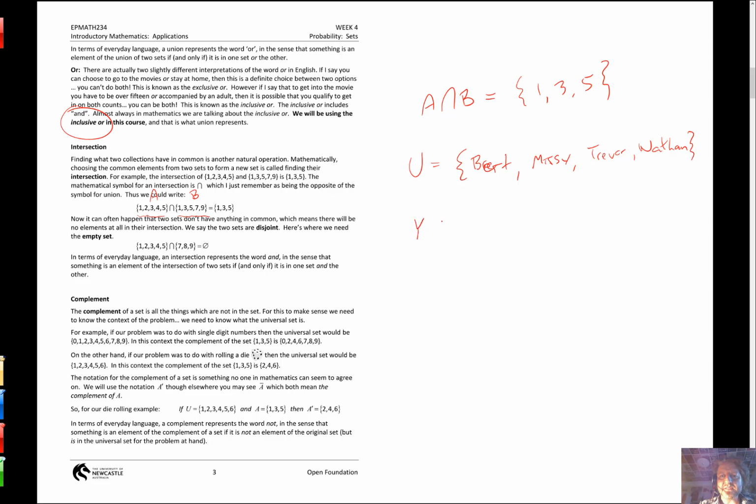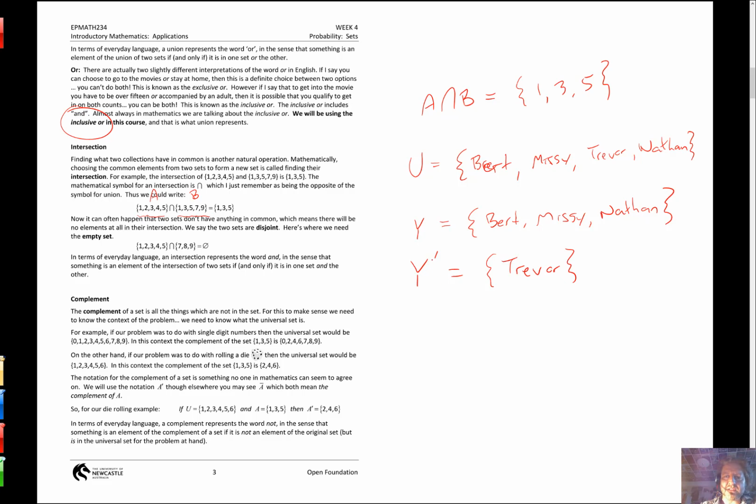I said my set of young cats was Bert, Missy, and Nathan. Then what is Y dash? It must be Trevor. It's the rest. It's the opposite. It's the non-youngs. Okay, sorry Trev. So the set of young cats is Bert, Missy, Nathan, and the complement of Y is everything else that's within the universal set that is not Y.